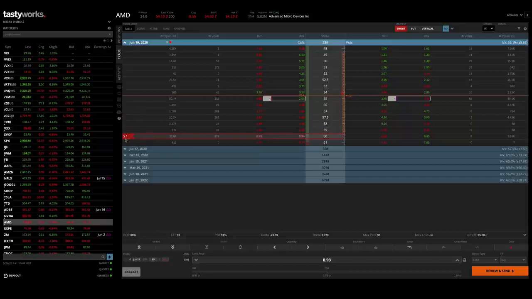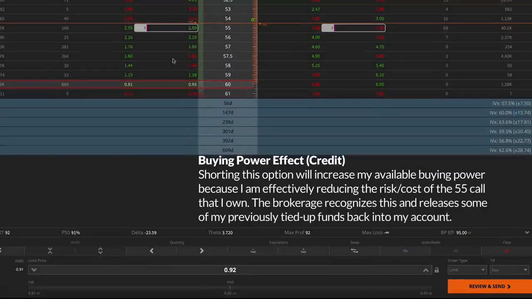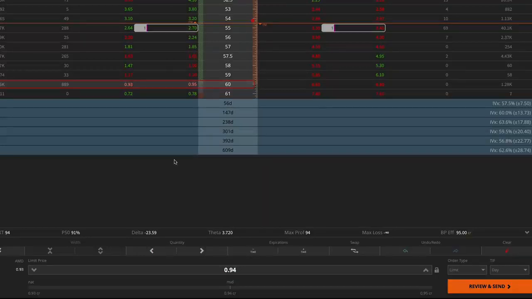And we can see that it's red. It says S1. This means I'm trying to sell or short one of these options. Now the buying power effect actually says a credit. Usually, if I did not own this call option, I would need to put up a lot of money to short this call option. But since I own the 55 call, I don't actually add risk by shorting the 60 call, because if the stock price rockets higher, then my 55 call will always be worth more than my short 60 call.